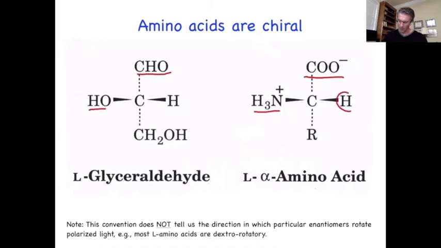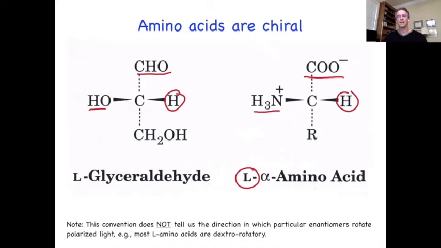The proton is on the same side of the structure, on the right with the most oxidized carbon up in this Fischer projection. That looks basically like L-glyceraldehyde in terms of the position of the asymmetric substituents. So that's what these were called. This enantiomer of the amino acids was known as an L-alpha amino acid.